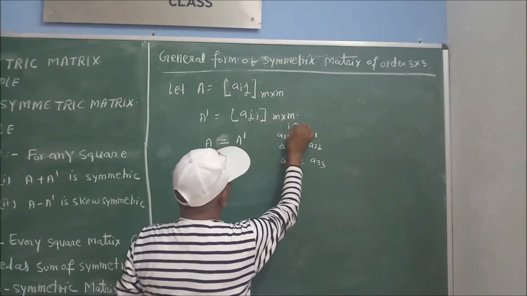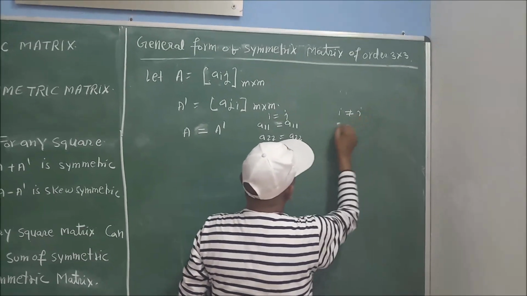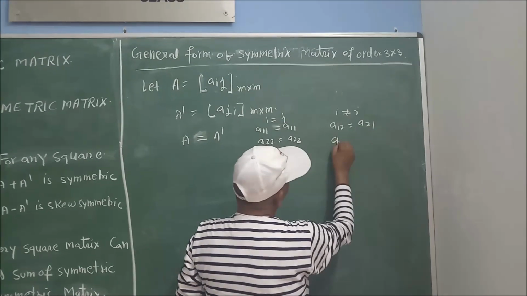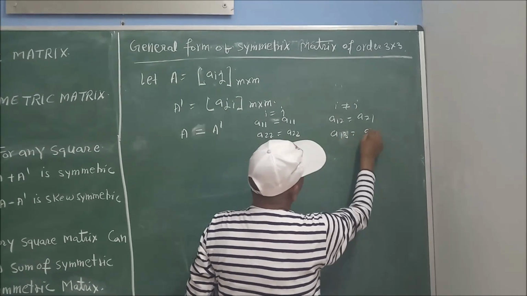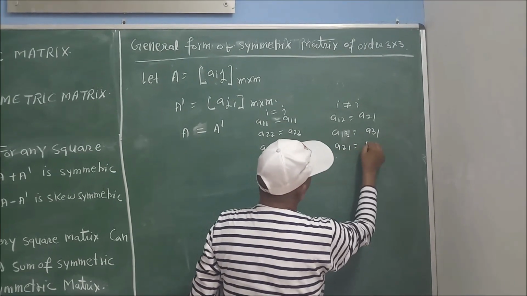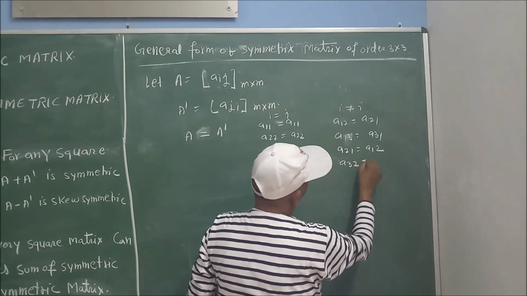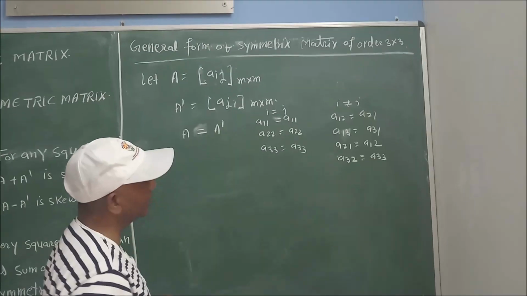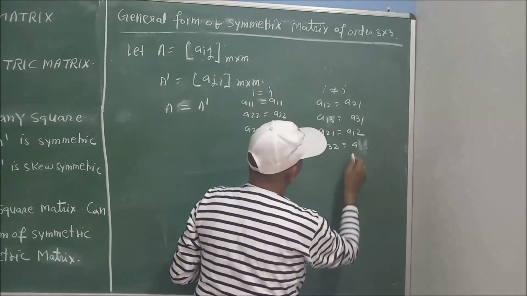When I is not equal to J, then we can say a12 is equal to a21, a13 is equal to a31, a21 is equal to a12, a32 is equal to a23. So this is all about the matrix.